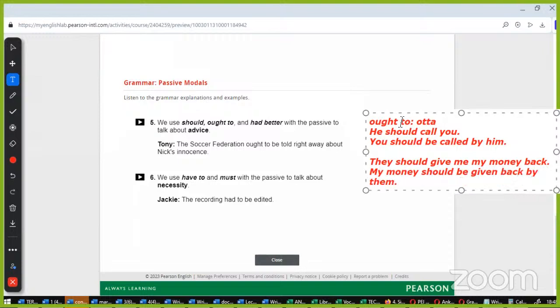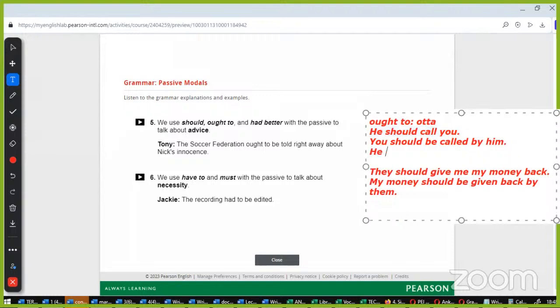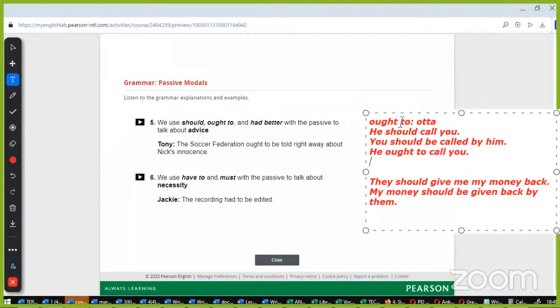Great. So if I said, instead of he should call you, he ought to call you, that is the same. How would you do this in passive voice? You ought to be called by him.